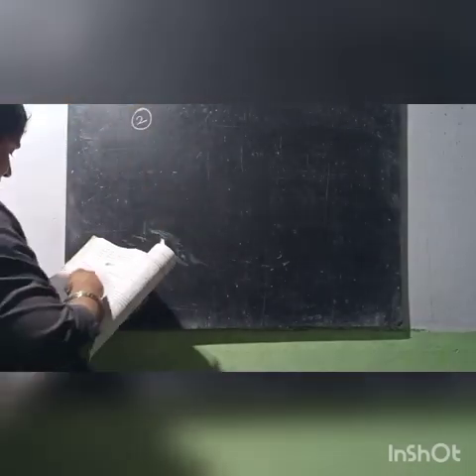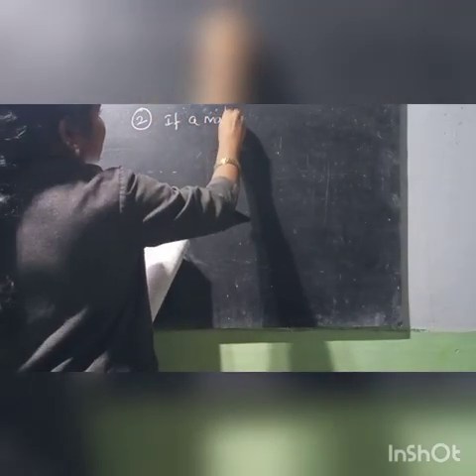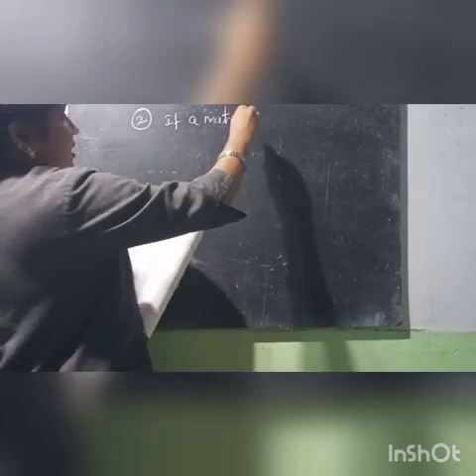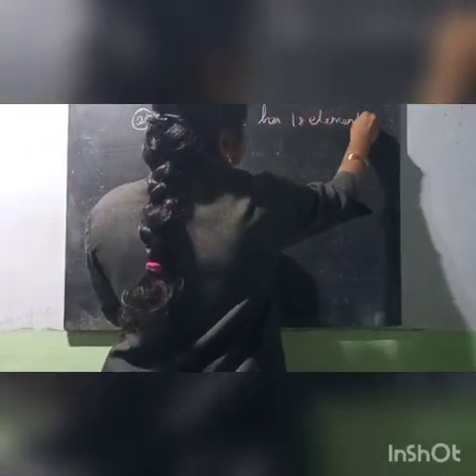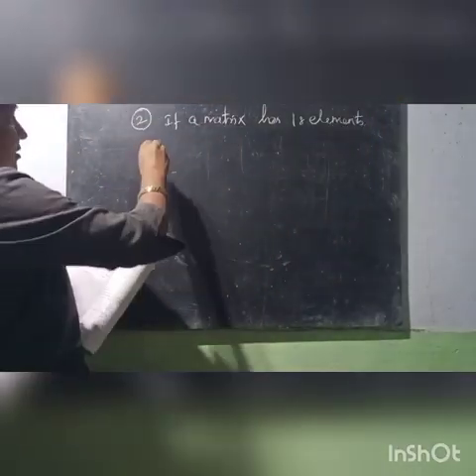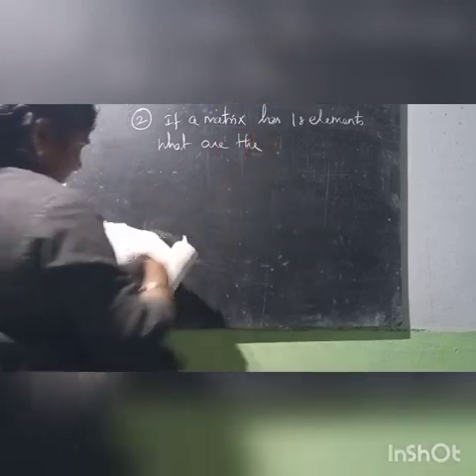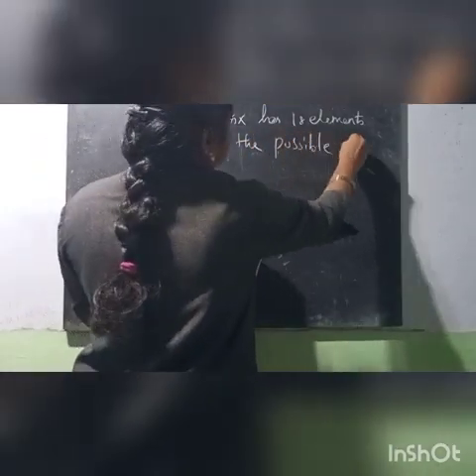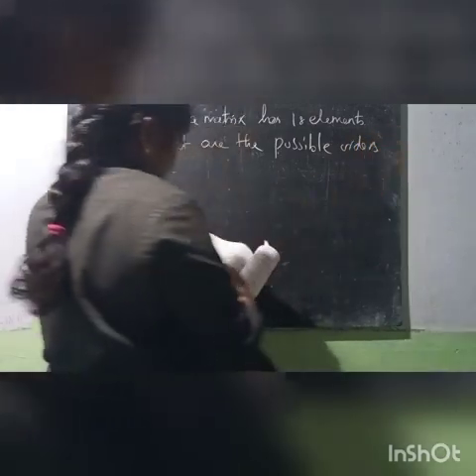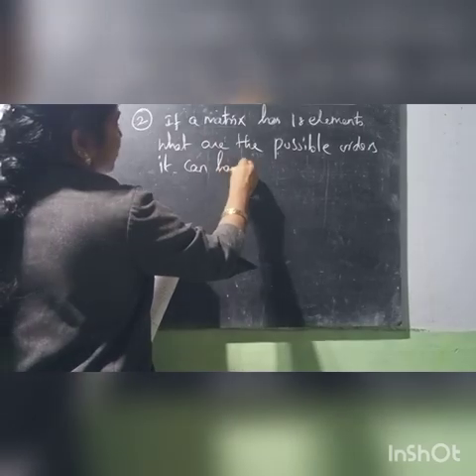Second question, if a matrix has 18 elements, what are the possible orders it can have?